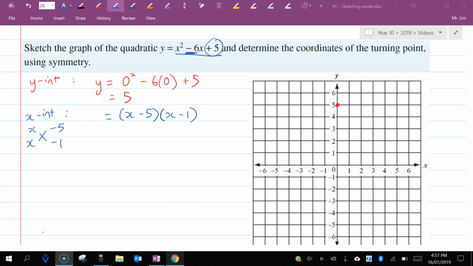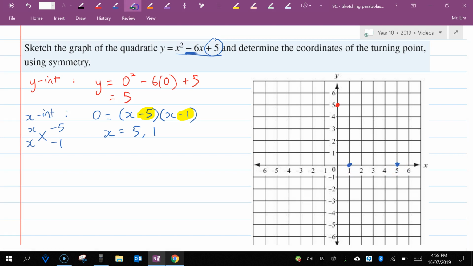But whenever we want to find the x-intercept, we let y equal to 0. So the only two values that make this true for x are 5 and 1. Remember, opposite sign, opposite sign. So our x-intercepts are 5 and 1.